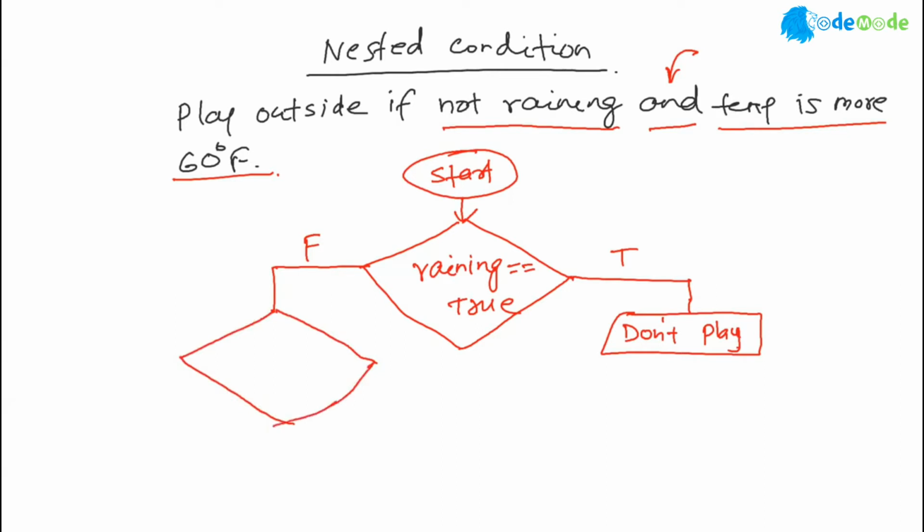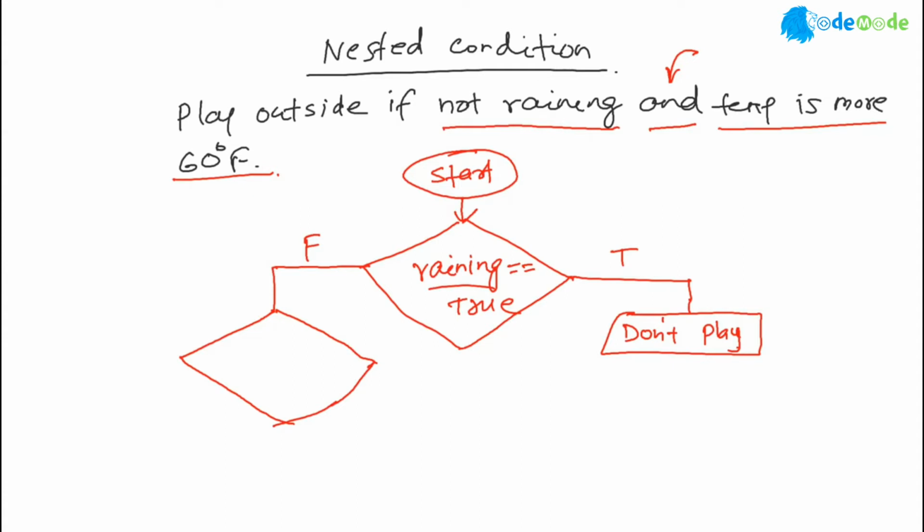Earlier, remember I showed you weather equal to rainy, weather equal to hot, weather equal to cloudy. If the same variable has multiple values, you want to check on multiple values. That is what we did in if, elif, and so on. Here you cannot do that. If you have two different variables, then if, elif straightaway doesn't work. Basically, now you're talking about two different conditions and handling scenarios based on that.